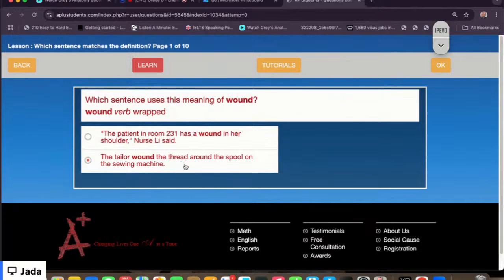All right, so it will be what? The thread around the spool on the sewing machine.